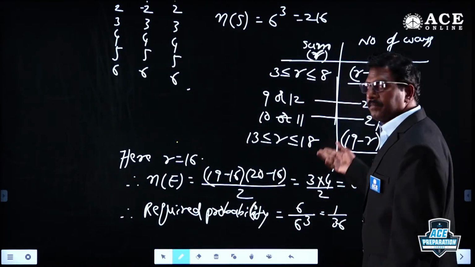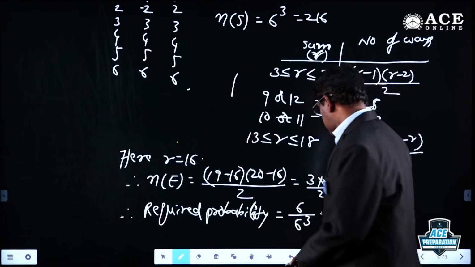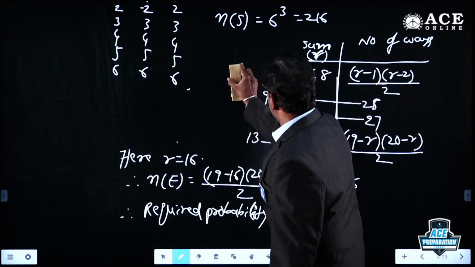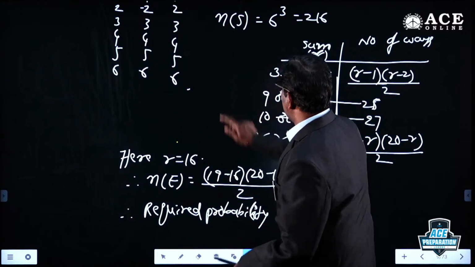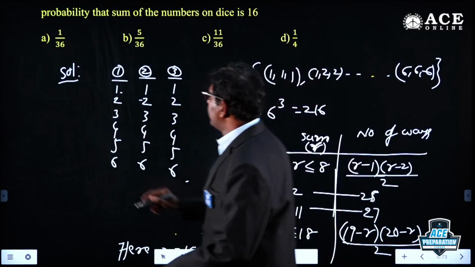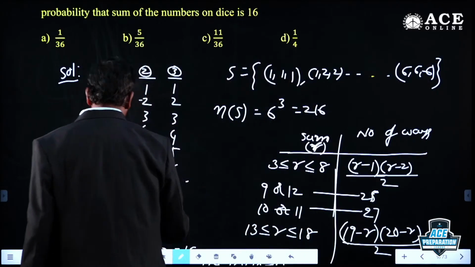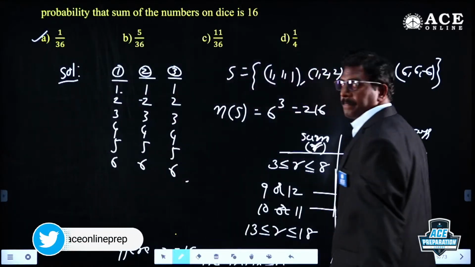For a 3-dice problem, you can follow this simple way. Which option is right? Option A is correct. Are you clear so far?